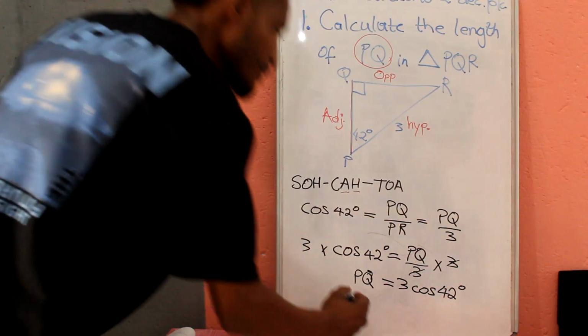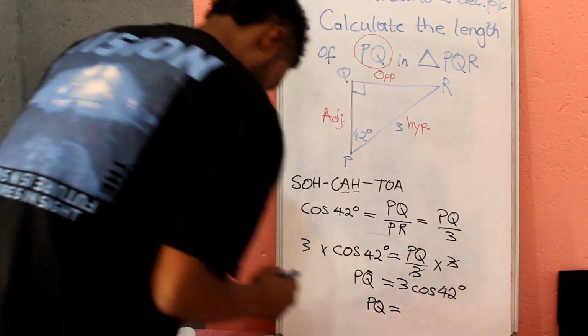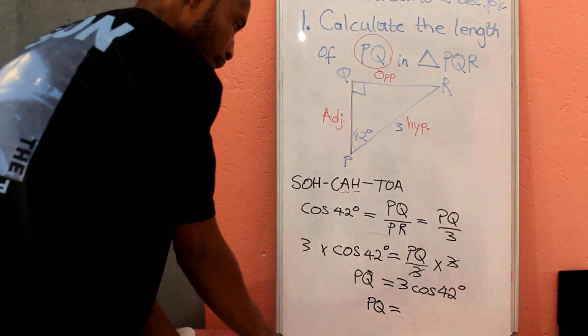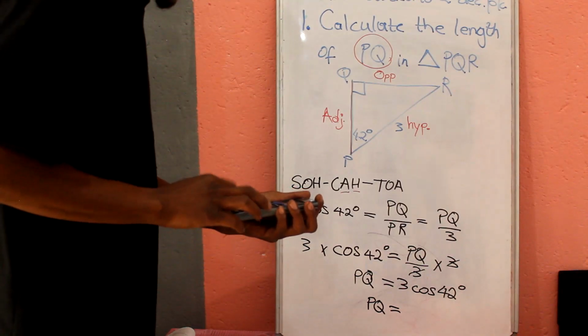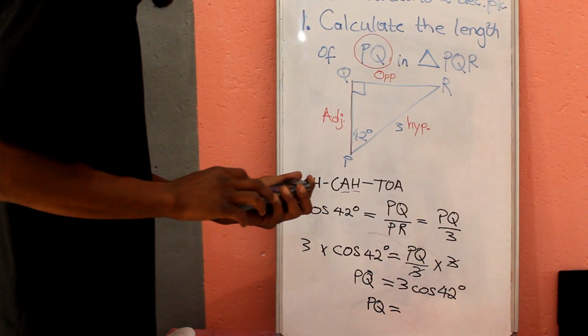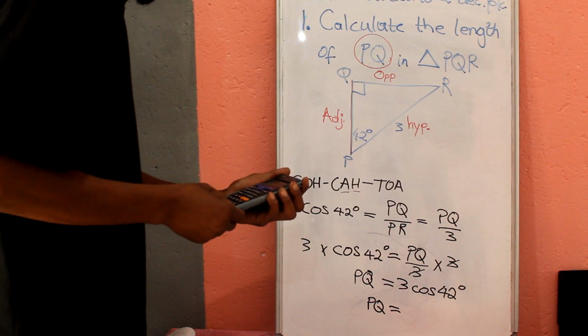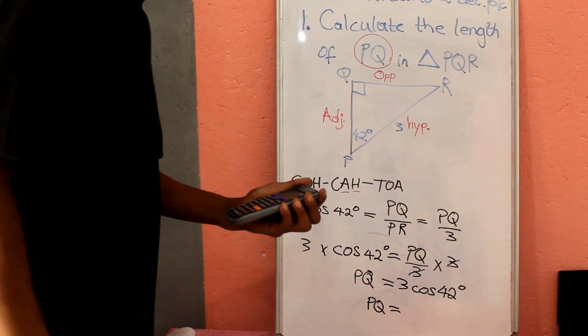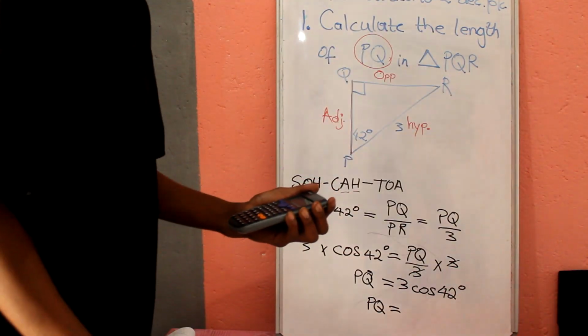Then you can punch that into your calculator, where PQ will then be equal to, in my calculator, I say 3 cos 42 degrees, giving me 2.2294 and the number of digits after that.